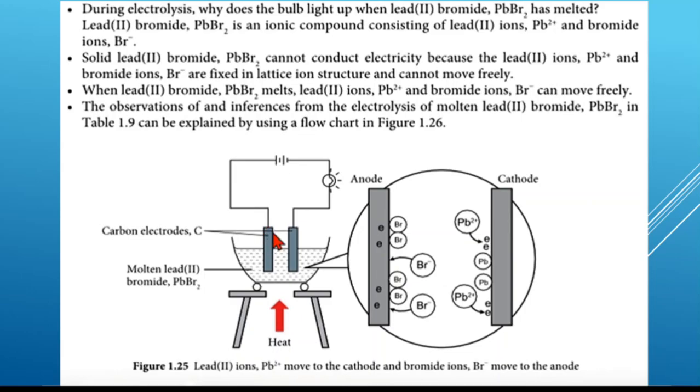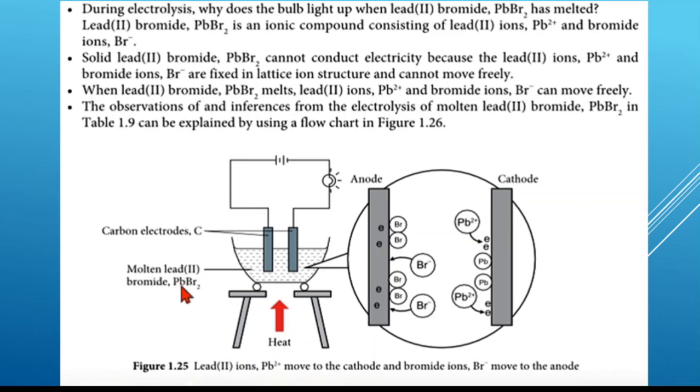So, positive electrode yang connected to the positive terminal of the battery, kita panggil anode. Manakala, negative electrode yang connected to the negative terminal of the battery, kita panggil cathode. Okay, ini positive, ini negative. Alright? Okay? So, what happened during electrolysis?